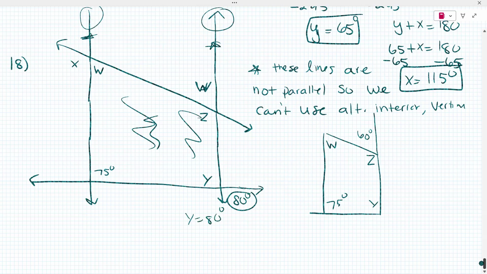So that means Z, so Y is 80 because of vertical angles. Can we figure out anything else?